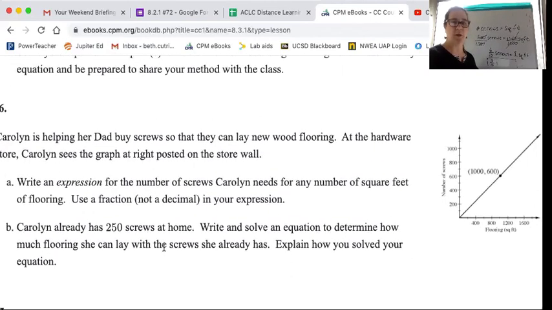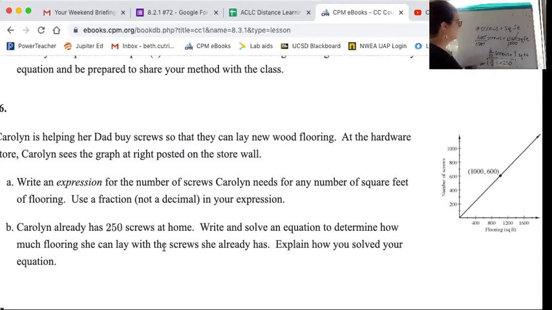So she wants to see how many she can use just with what they already have at home. So she has 250 screws. 3/5 screws. So we want to set that equal to the number of screws. So this is the number of screws you need for 1 square foot. And she has 250 screws.